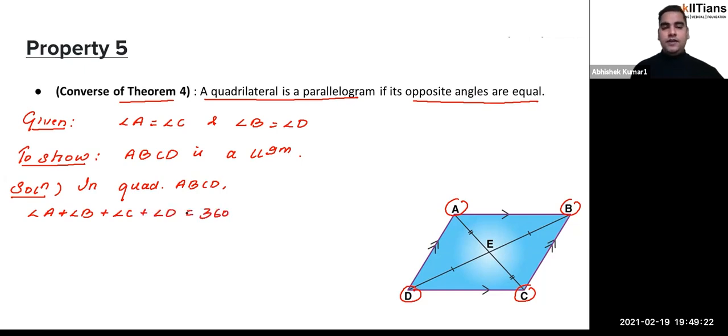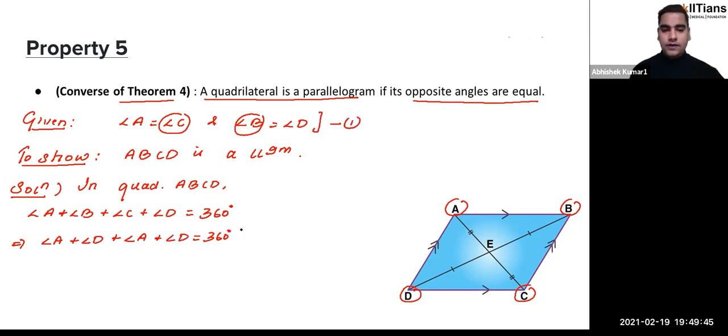Correct or not? So angle C I can replace by angle A. Correct? Angle B I can replace by angle D. So I will have angle A plus angle D plus angle A plus angle D equal to 360 degrees. And we got this result from 1.